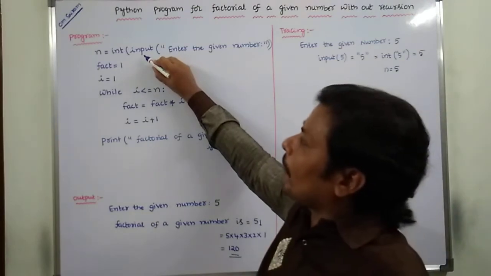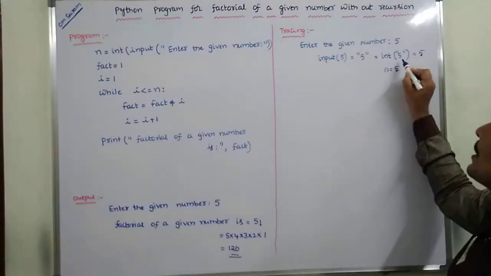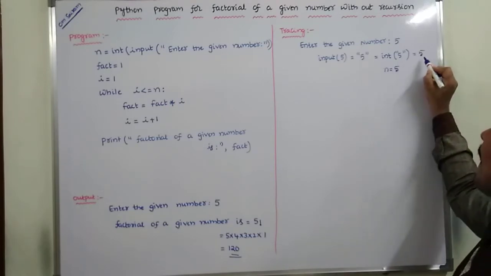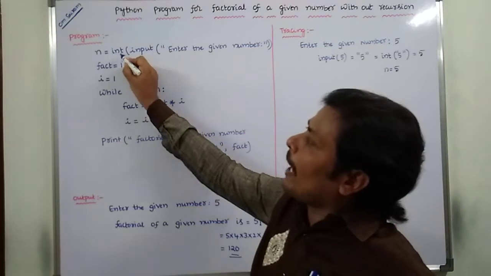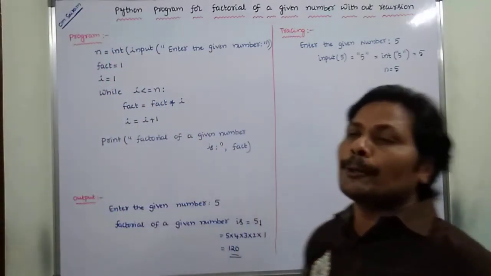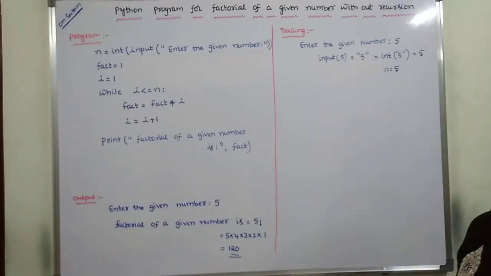This string of 5 is passed to the typecasting int function and it returns the integer value 5. This integer value 5 is assigned to the variable n. So now n is equal to 5.